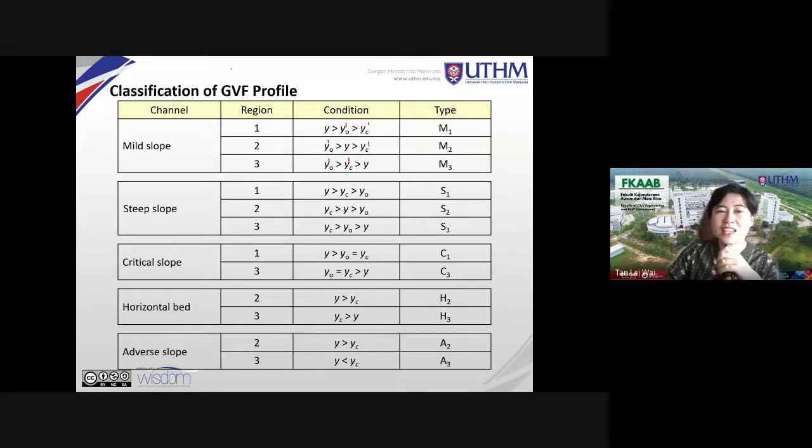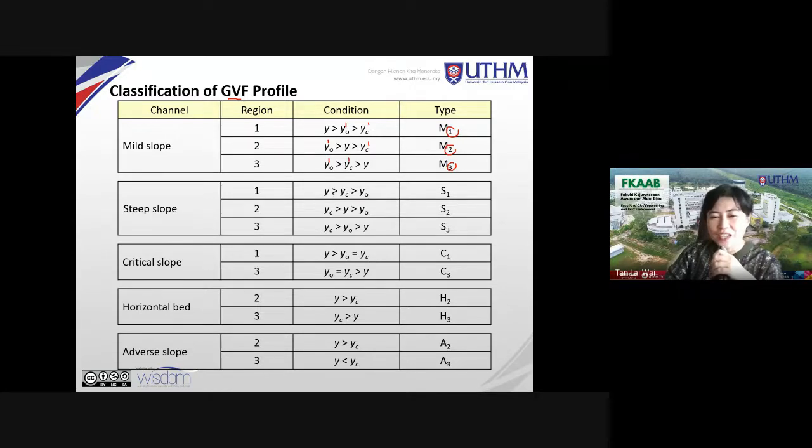That means it's the depth of gradually varied flow. I think this is what I've explained earlier. If the depth is greater than Y naught and YC, it is in zone 1. If it's between, zone 2. If it's less than Y naught and YC, zone 3. Same thing as steep slope.